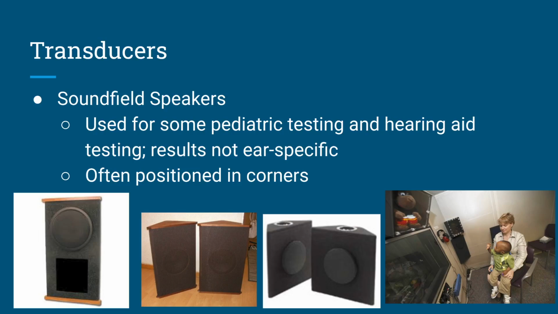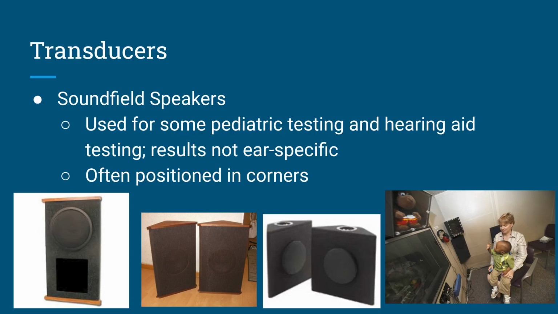There are limitations of sound field speakers in that it's not ear specific, so the response represents the better hearing ear. If a patient has asymmetric hearing loss and you need to test that aided performance in the worse ear, an earphone with masking noise can be used in the better ear.